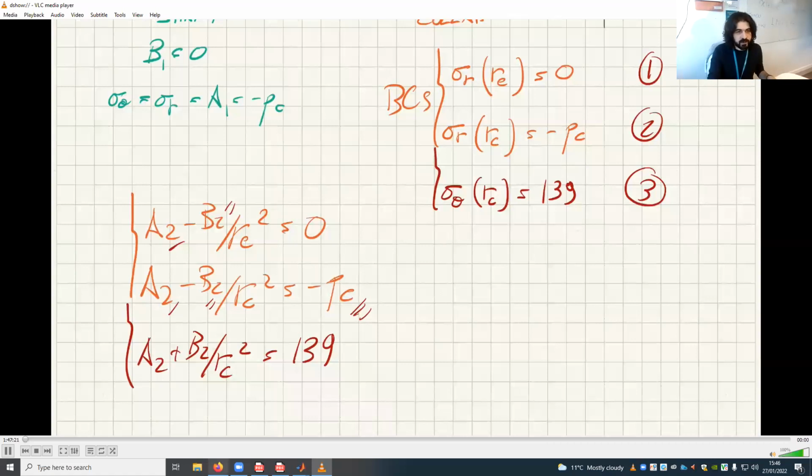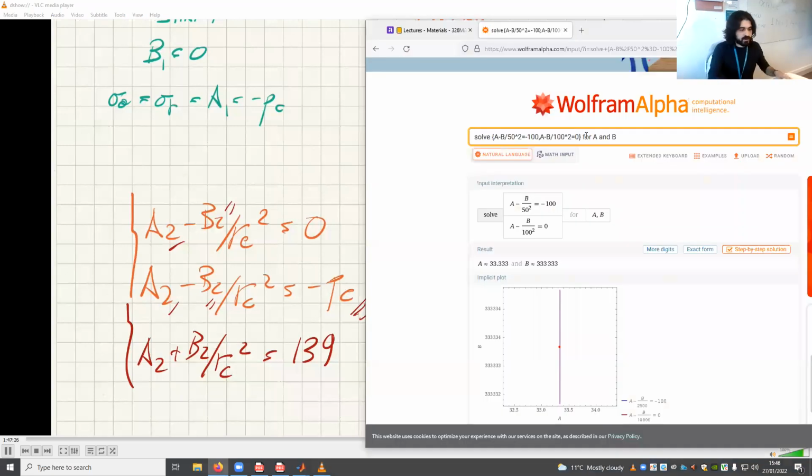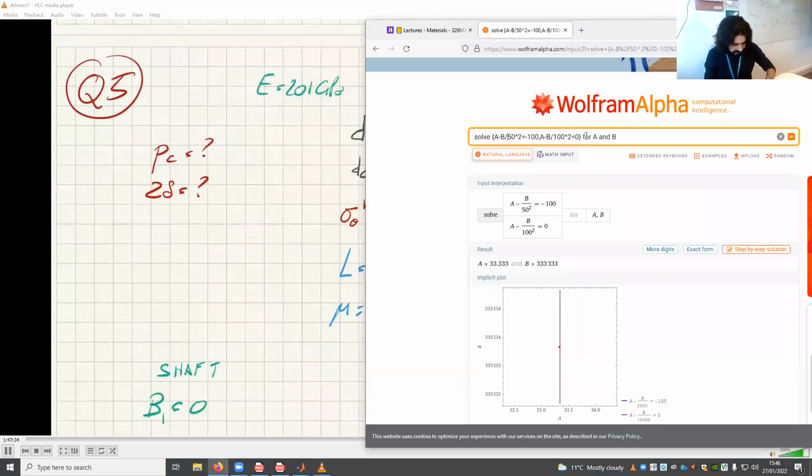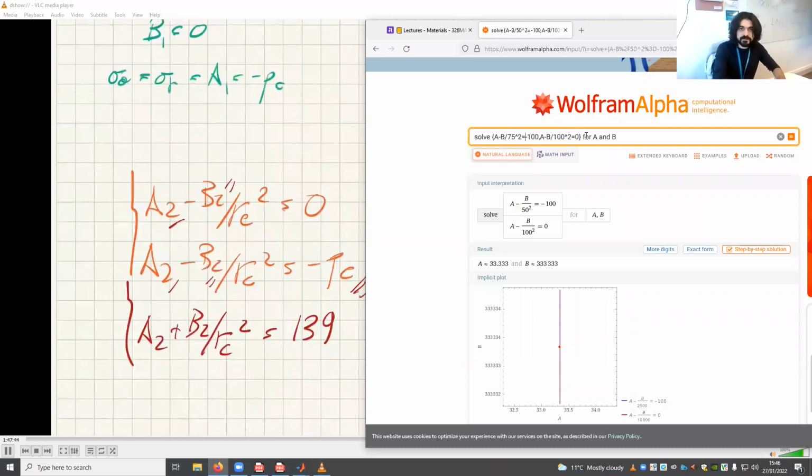And I will solve this with Wolfram Alpha, of course. Because why not? So this is A minus B over RC. How much is RC? DC is 150, so RC is 75. And this is equal to 0.